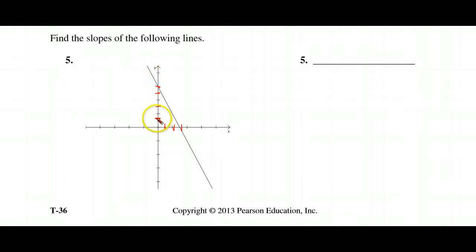We have 1, 2, 3, 4, 5, 6, and 1, 2, 3. And we said it was negative. So our slope for this is going to equal a negative 2.